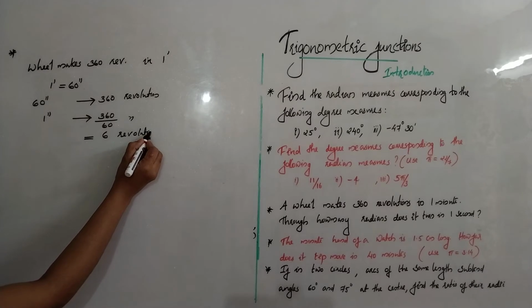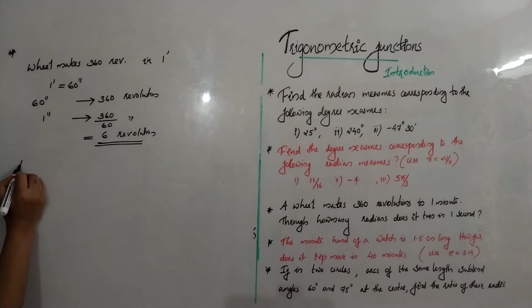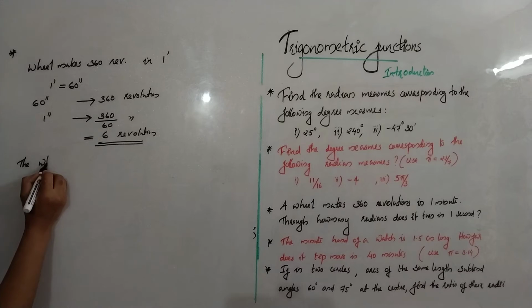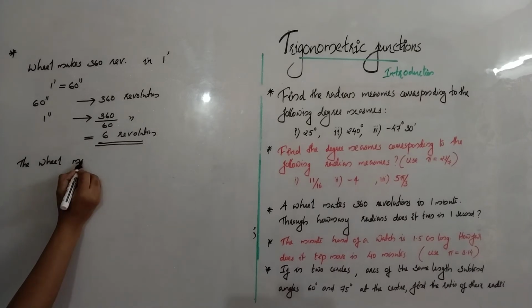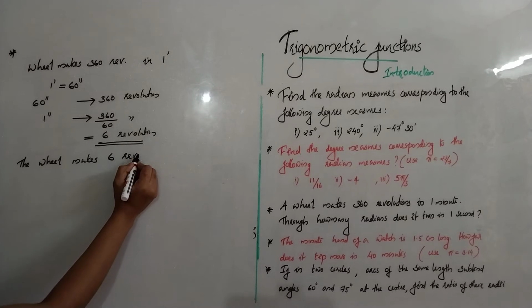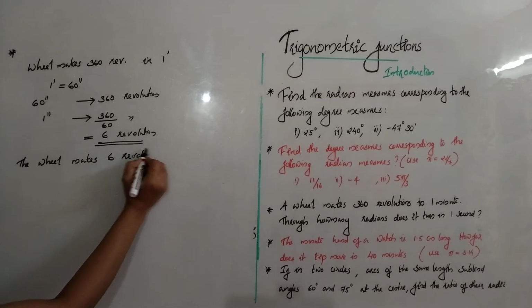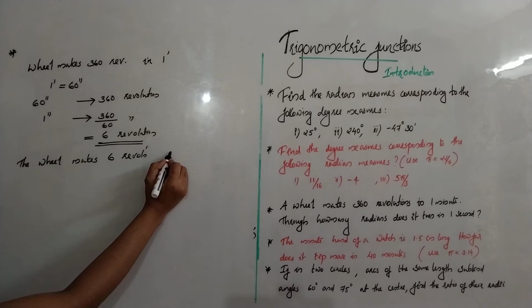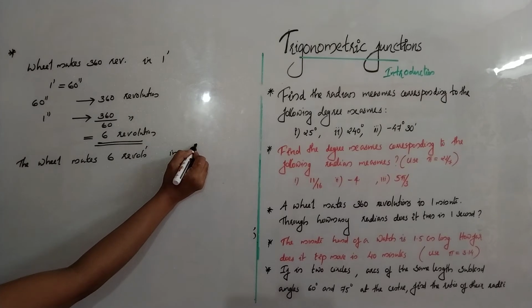So the wheel makes 6 revolution in 1 second.